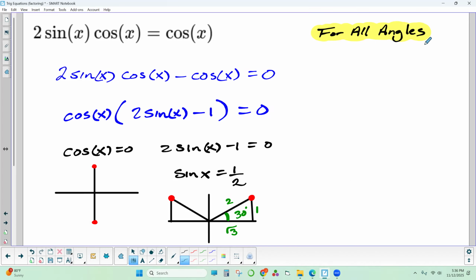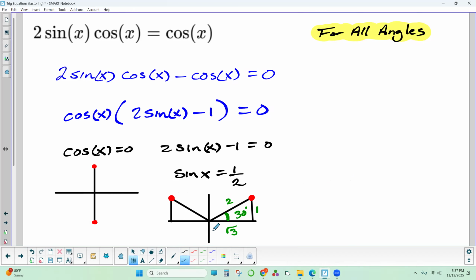Now, you're usually given an interval to solve along, but this one just says for all angles, so this is infinite. It wants to know what the solutions are infinitely.